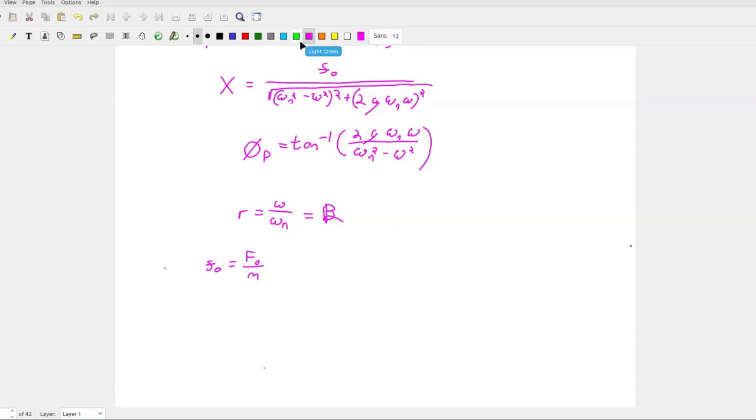We can get this expression, which is capital X is equal to, still a long division, F naught over m omega n squared, over the square root of 1 minus omega over omega n, that whole term squared.